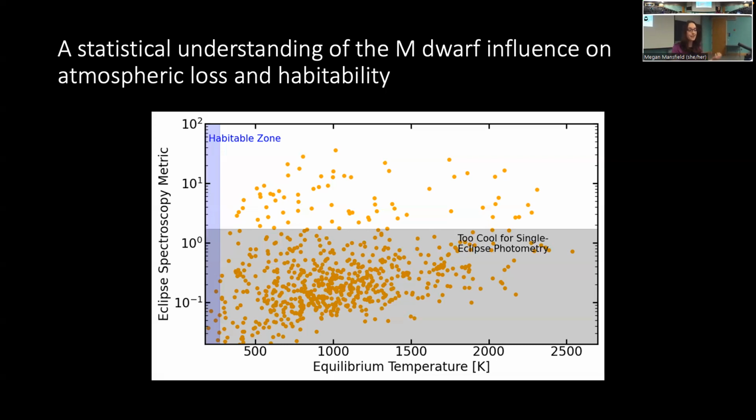And so that means that this method will not work for detecting atmospheres on habitable zone planets. But it still can teach us a lot, I think, about what we might expect to see on habitable planets around M-dwarfs, because it should really teach us a lot about the atmospheric evolution, in a statistical sense, of this population of M-dwarf terrestrial planets.